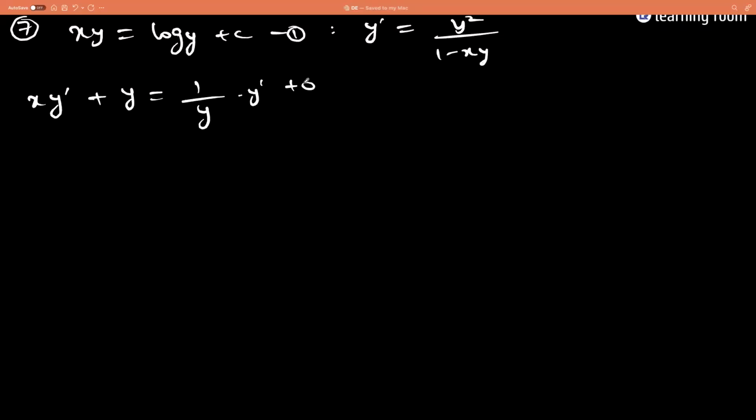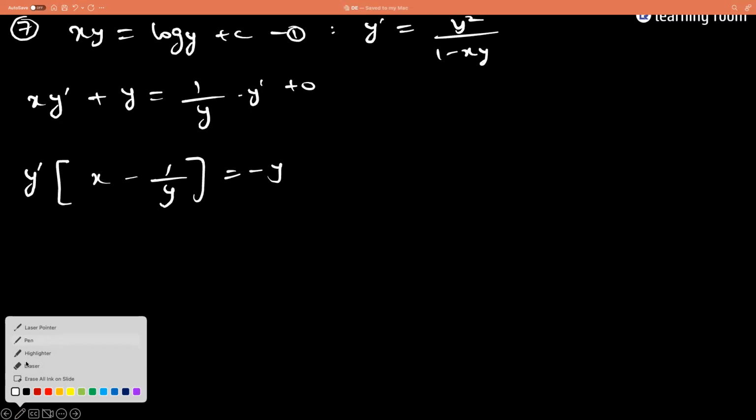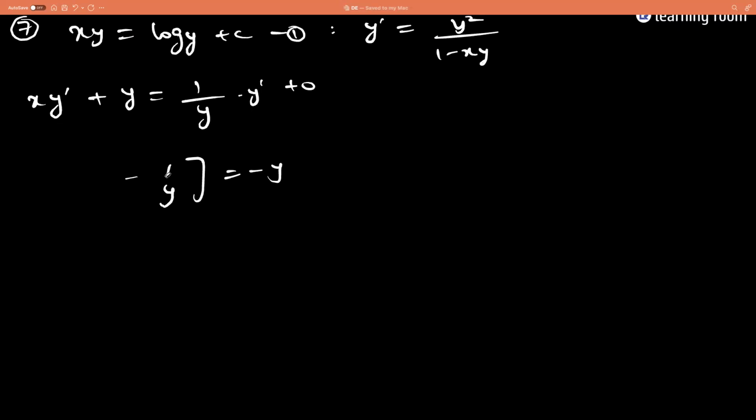So this problem, what you can do is, instead of actually taking the right hand side or LHS of the differential equation, directly proceed by rearranging the equation. y dash into x minus 1 by y is equal to minus y. This is right only.